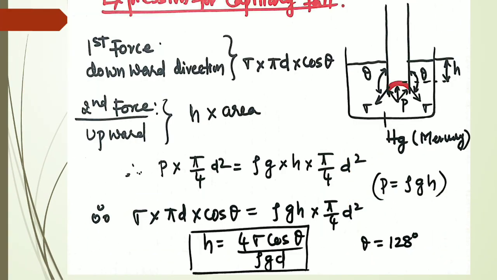Equating the first equation and the second equation, h can be written as 4 sigma cos theta divided by rho g d.